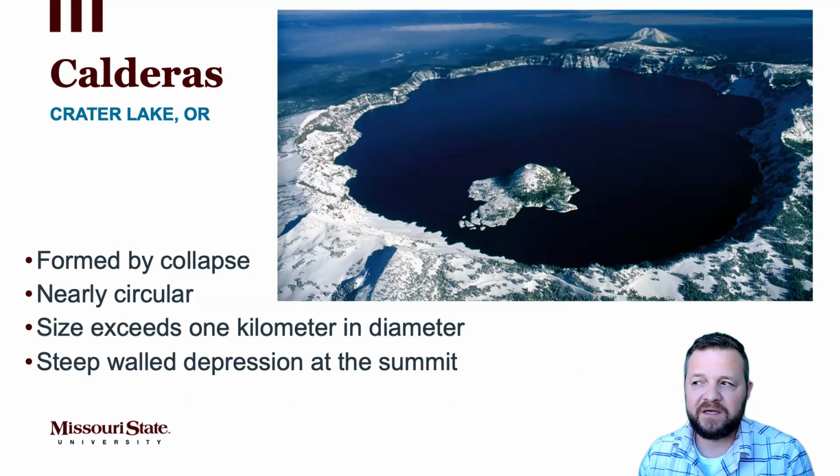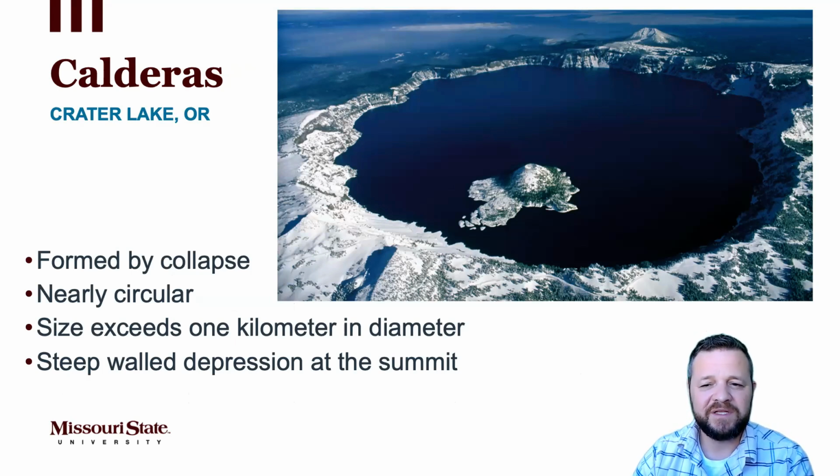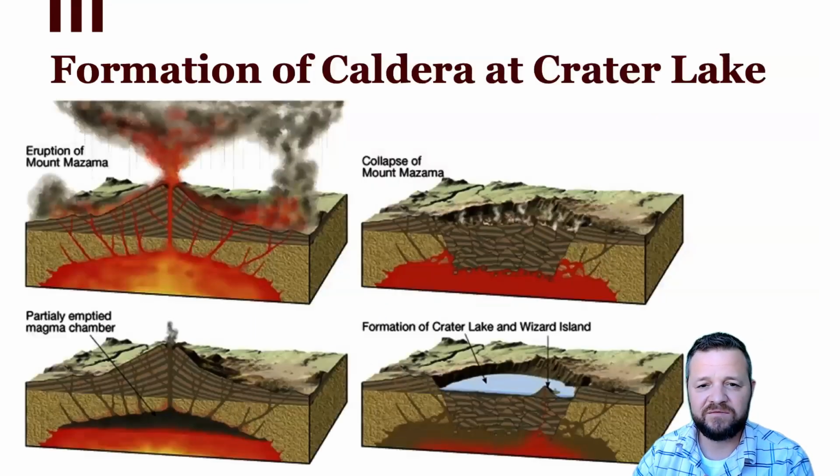The size of the collapsed volcanic structure must be more than a kilometer to be called a caldera. But in the case of Crater Lake, the series of events that leads to the formation is you have an ancient volcanic mountain called Mount Mazama. And the eruption of the mountain, which is recorded in native tellings, we see it in the writings and histories of Native Americans.